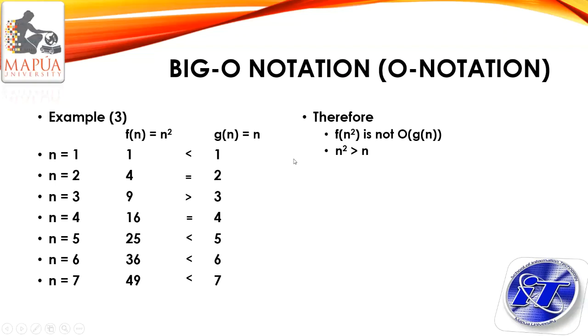Definitely no. Is there a multiplier that can be introduced to n so that n squared will be smaller? We could try, but definitely still, at a certain value of n, n squared will become bigger. Therefore, we could not say that g at n is the big O notation of f at n squared.